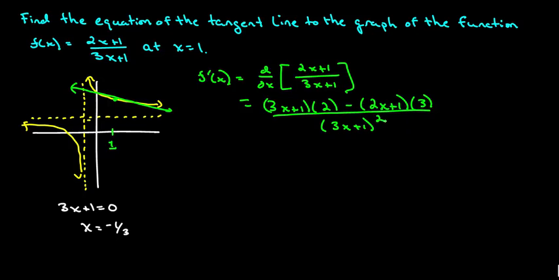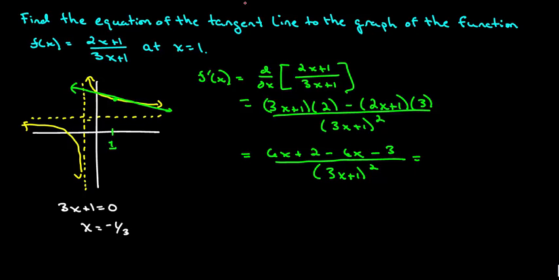Again, if you want to use numerator and denominator for your words, it's the denominator times the derivative of the numerator minus the numerator times the derivative of the denominator, over the denominator squared. Okay, so let's simplify this a little bit. This is going to be 6x + 2 minus 6x minus 3, over (3x + 1) squared.